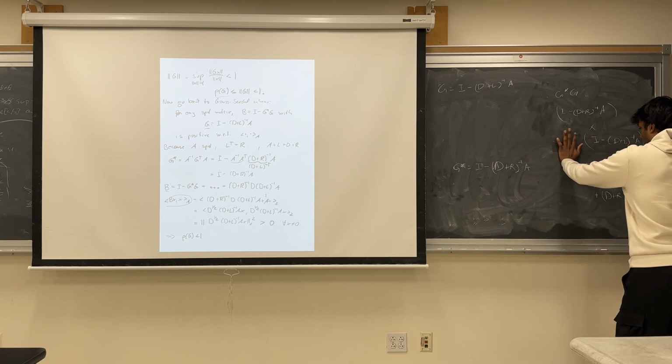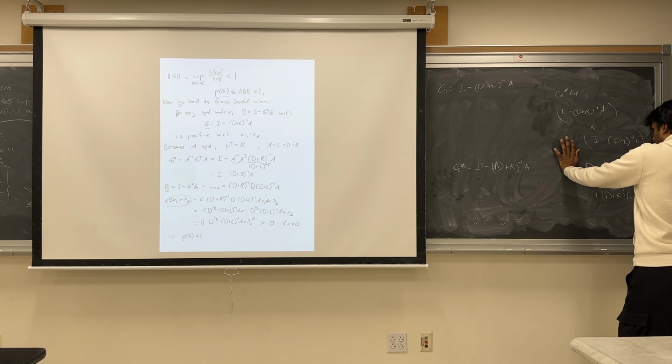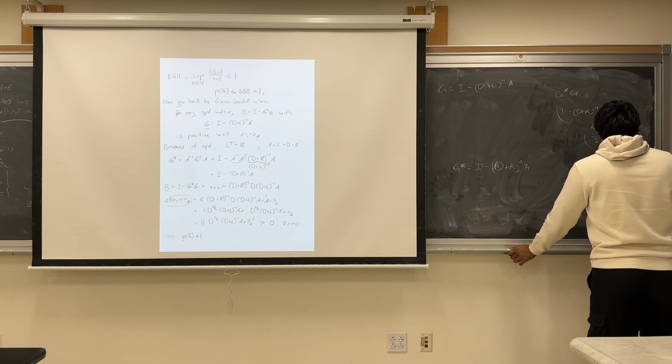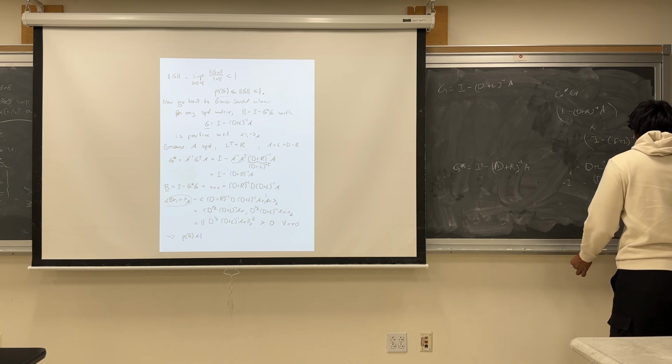So this identity will get wiped out and it will result in D plus L inverse R, right? Another minus identity will come up here and D plus R inverse L, right?